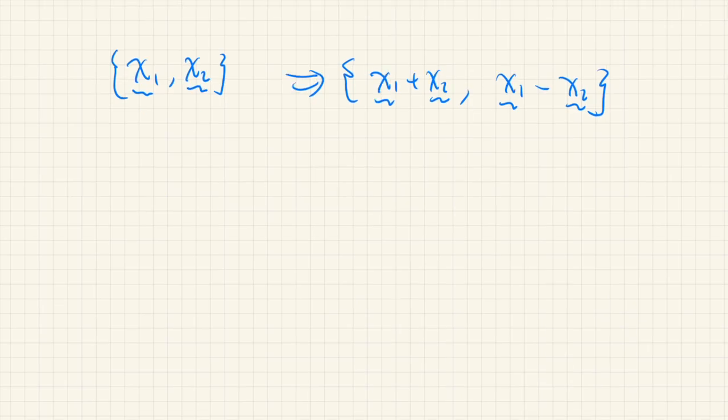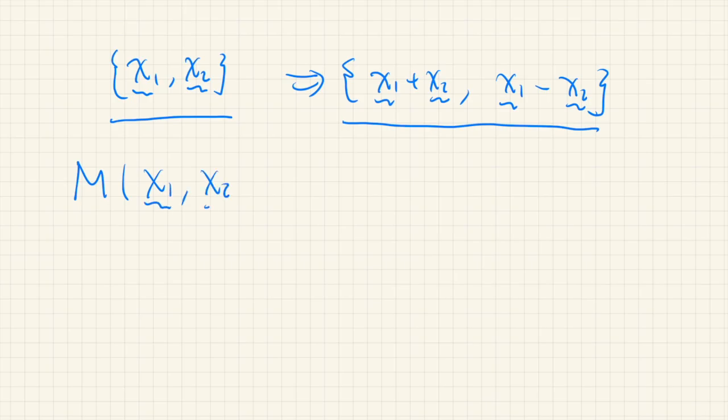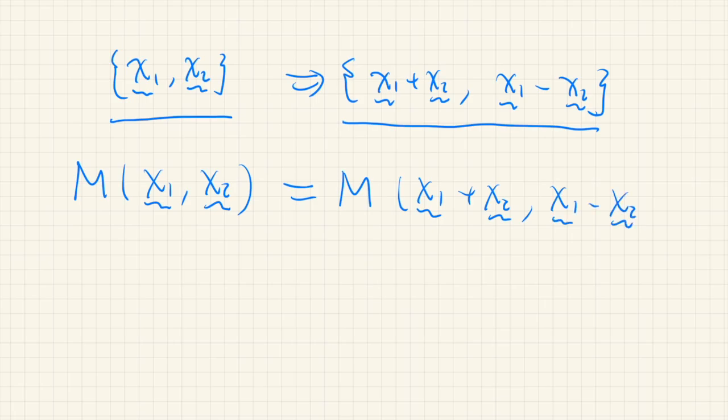And not only that, the set of all vectors represented as a linear combination of these two vectors is equal to the set of all vectors that can be represented as a linear combination of the other two vectors. That means M of x1, x2 is equal to M of x1 plus x2 and x1 minus x2.